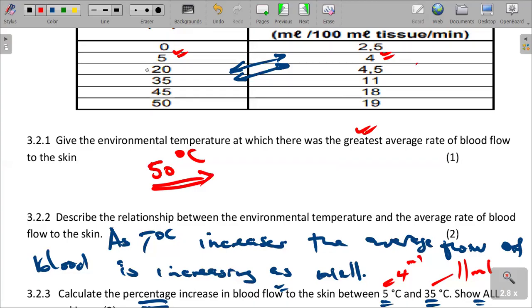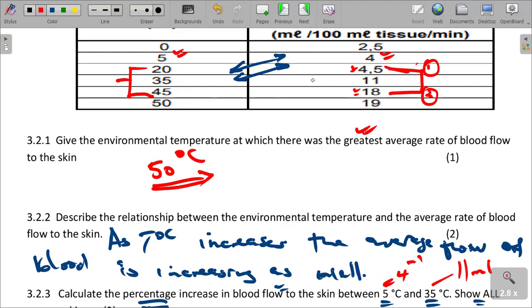So now what we need to understand is that to explain that, as temperature increases from 20 to 45, vasodilatation occurs because we have got at 20, it is 4.5, and then at 45, it goes to 18.